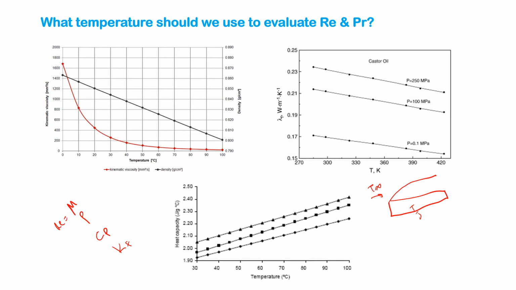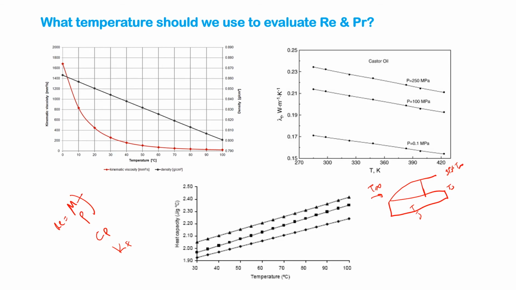It's going to change from Ts to 99% of T infinity. So there is a variation in temperature. So the question is, at what temperature do you need to evaluate the properties? To evaluate Reynolds number, you need to know what viscosity to use.